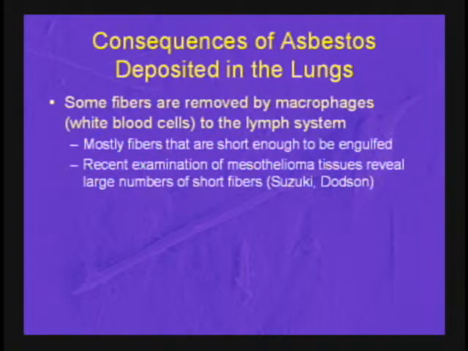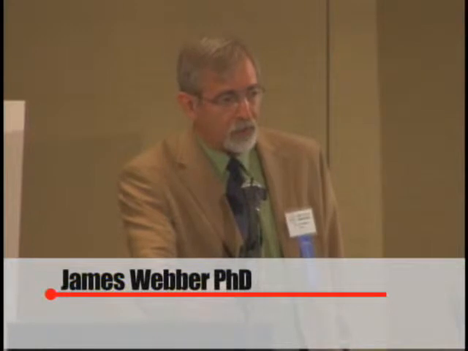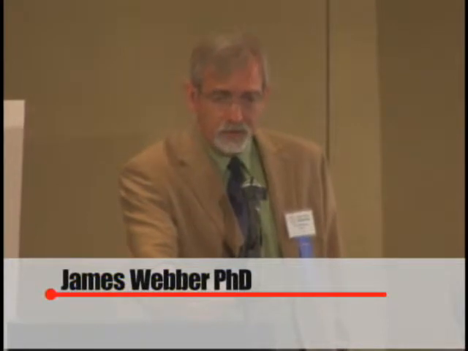Well, not necessarily, because the recent studies by Suzuki and Dodson, Ron Dodson, who is on the ADAO scientific board, have shown that the mesothelial tissues that they've looked at are loaded with short asbestos fibers. So short is not necessarily safe. And the rest of the fibers, they're in your lungs for life.